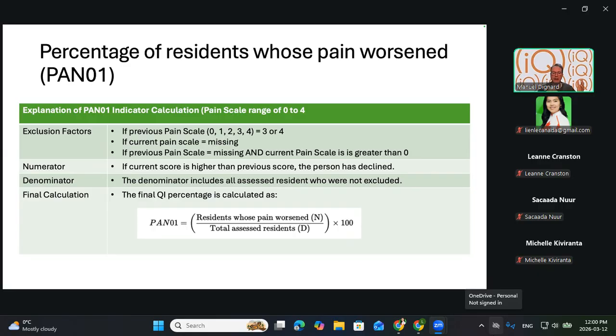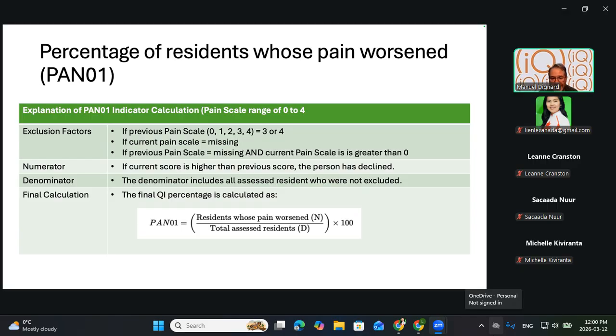Remember the pain scale goes from 0 to 4, right? 0 and 1 was not daily, and 2, 3, and 4 was daily, depending on the intensity. So higher numbers reflect greater frequency and greater severity. And this is important, right?